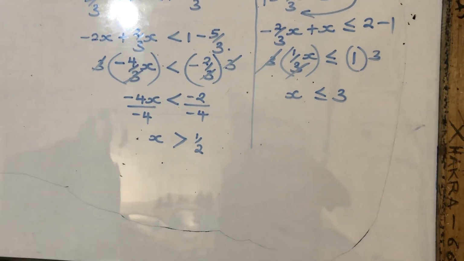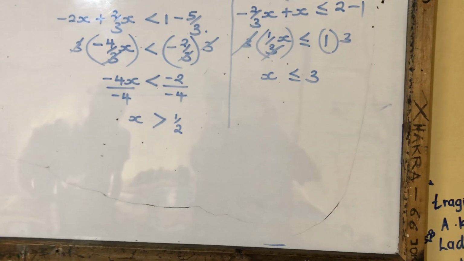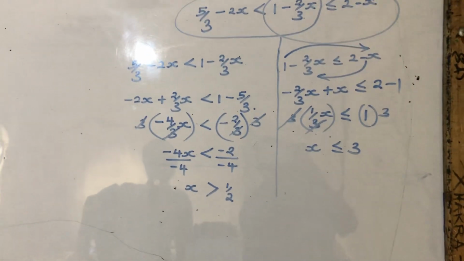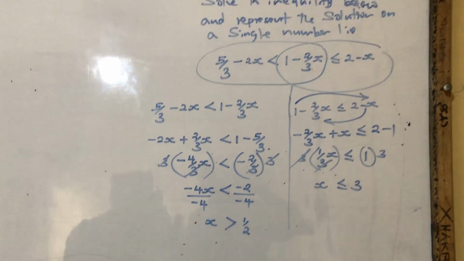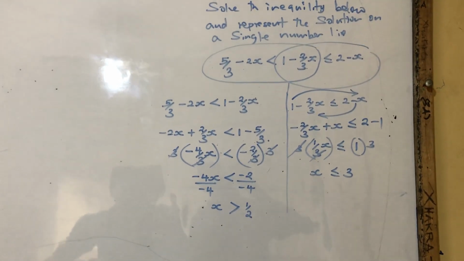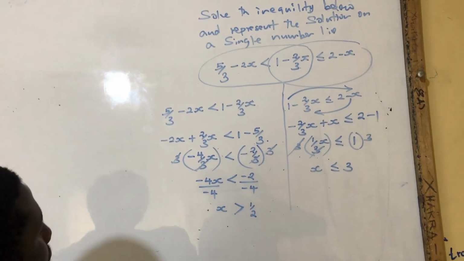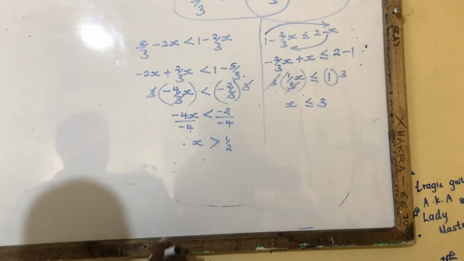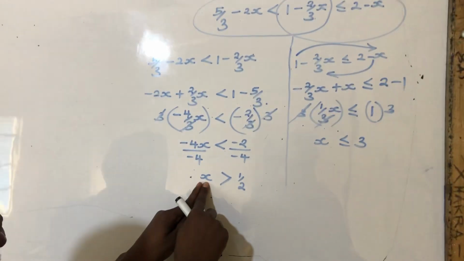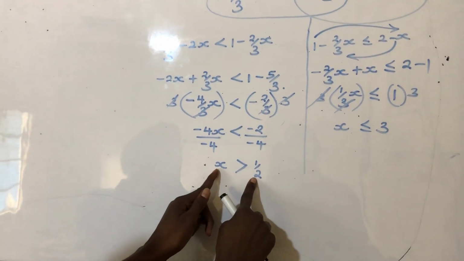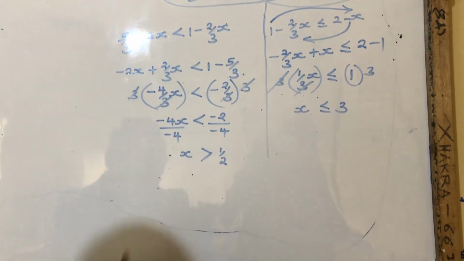These are the solutions. Now, whether it is mentioned or not, the answer must be represented as one inequality. How then will we do that? This x has to be shared. If the x must be shared, that will force me to swap the two numbers.